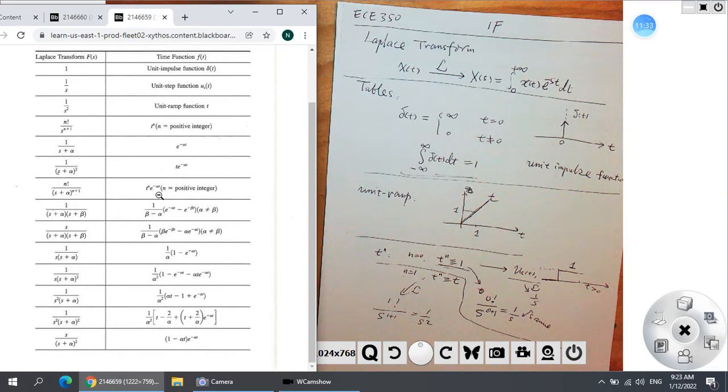When alpha is 0, e to the negative alpha t is just 1, and this side is just s to the power n plus 1. So this one is for any alpha, and this is the special case when alpha is 0.